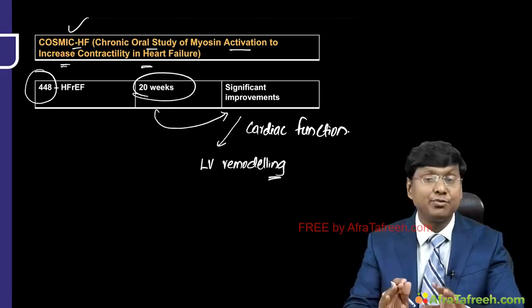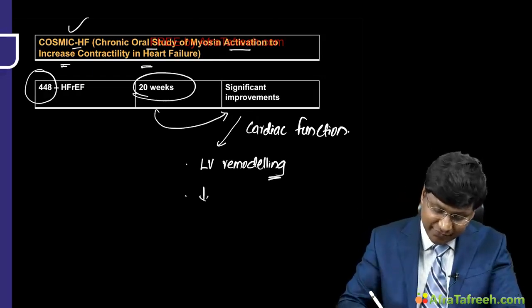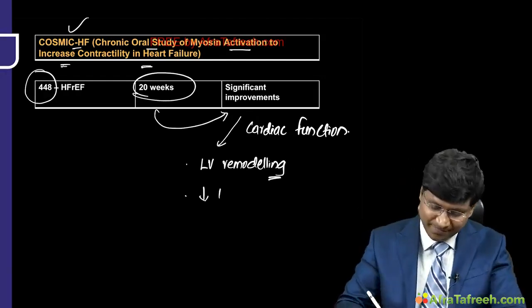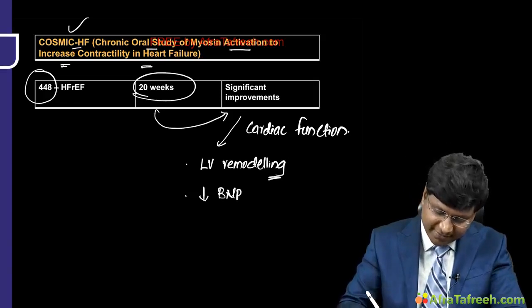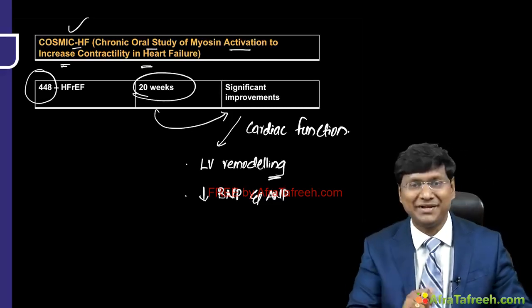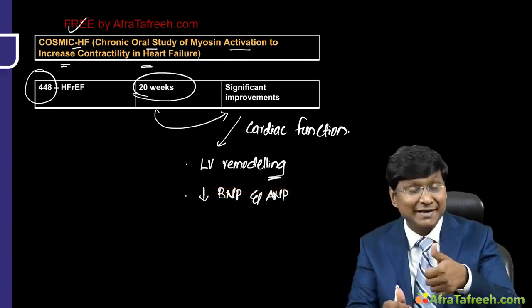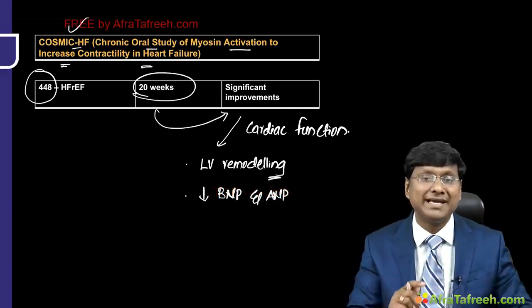Not only that, this drug also reduced the brain natriuretic peptide and the atrial natriuretic peptide. So that was the COSMIC-HF trial, which showed a positive result for omecamtiv mecarbil.